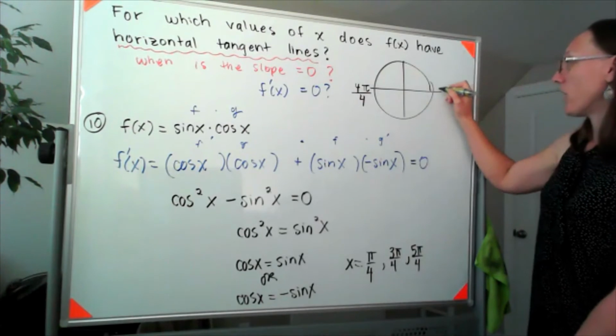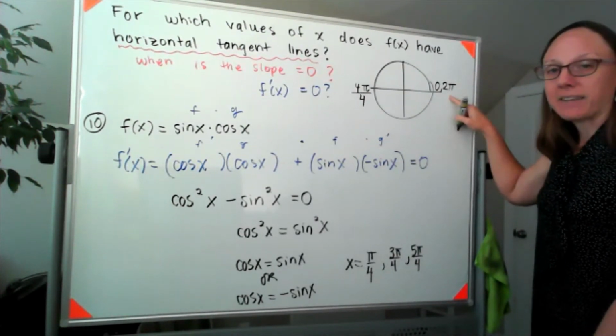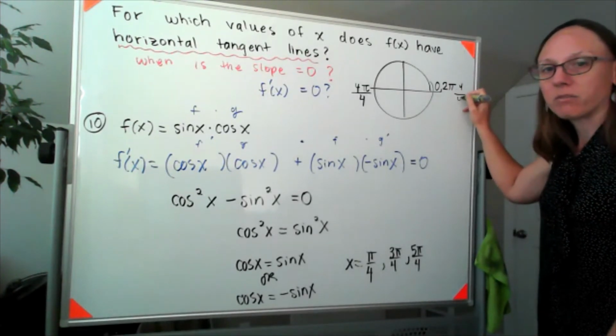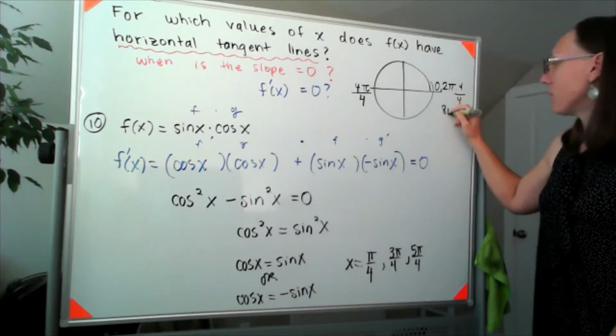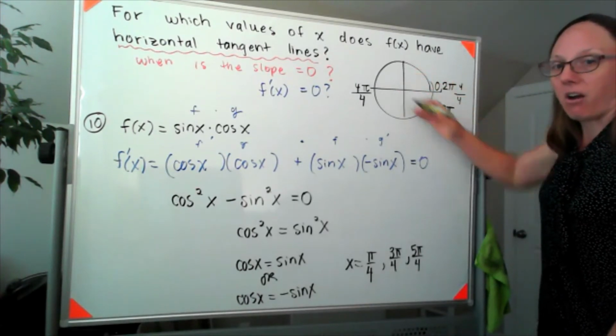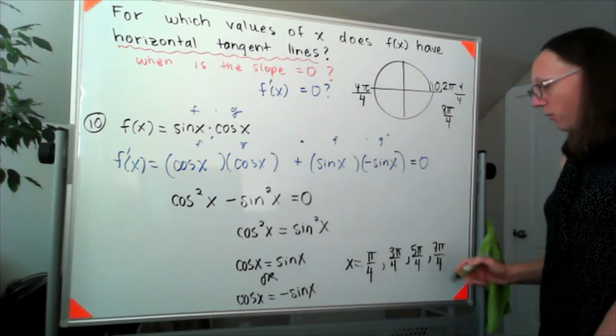And then my last one, well, if I went all the way around to 2 pi, but I think about that 2 pi as something over 4, multiplying that guy by 4 over 4, I'd be at 8 pi over 4. And backing off 1, I'm at 7 pi over 4.